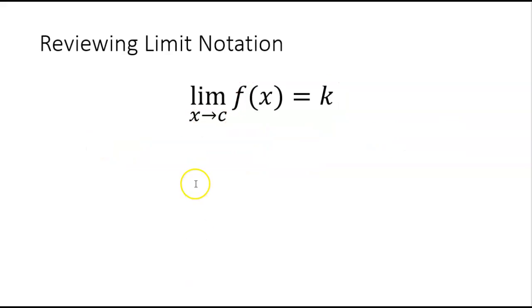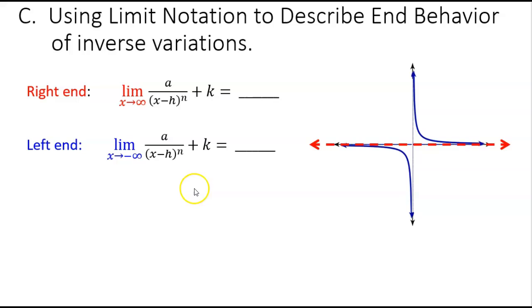So now let's talk about the end behavior of these graphs. It doesn't really matter if you're talking about the right end of your graph or the left end of your graph with these functions. On the right end of our graph, we say that x is approaching positive infinity. So that's over here on this side. I'll highlight that there in red.